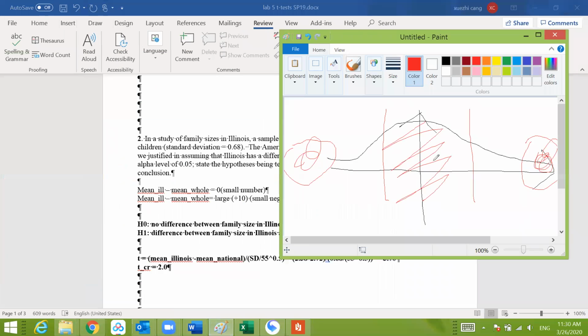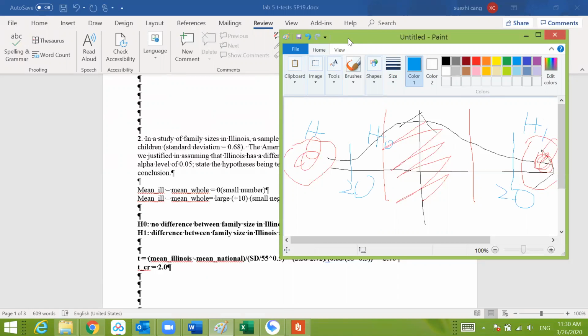Here, I will use the blue mark. The boundary between the H0 and the H1 is 2.0.